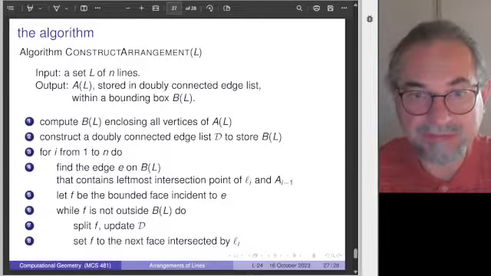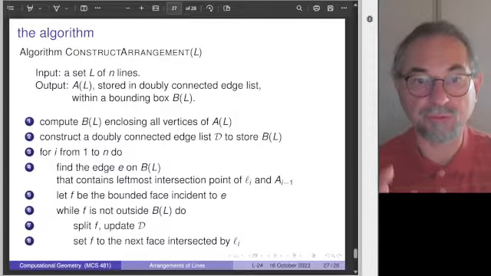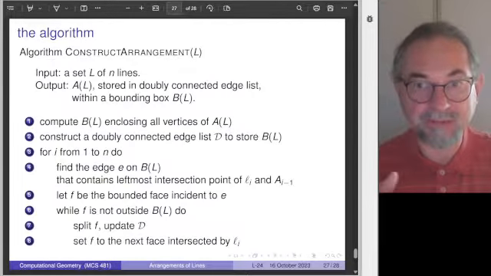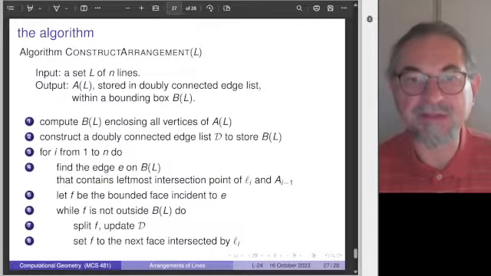So the last step was proportional to the complexity of every face. So we have to be careful that we don't have somewhere a triple loop sitting in there.